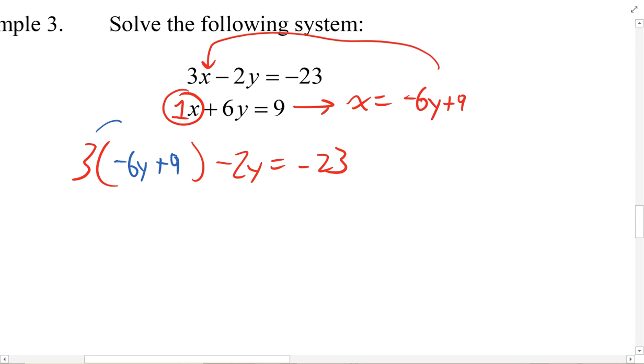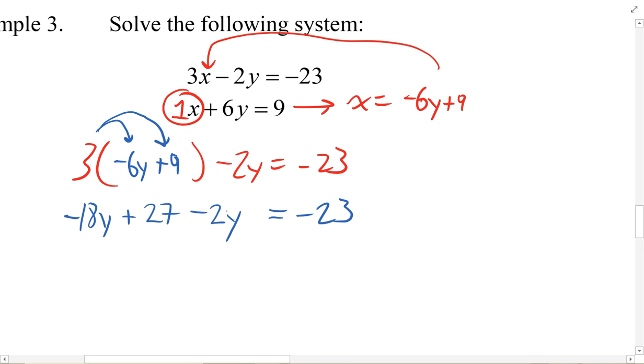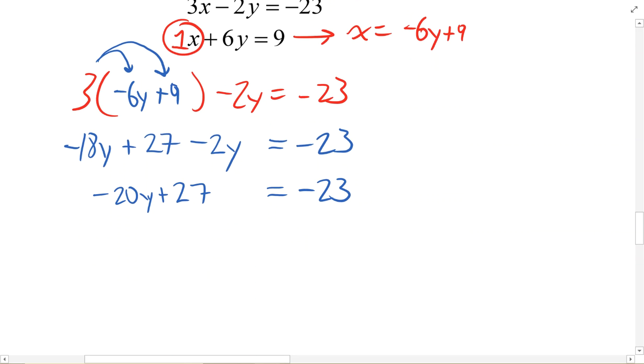So you have to use your distribution rule properly, multiply into both parts. Solve for y. Don't be copying me. You're not learning by watching my work. If you need help, you can look up, but try and do it all yourself.